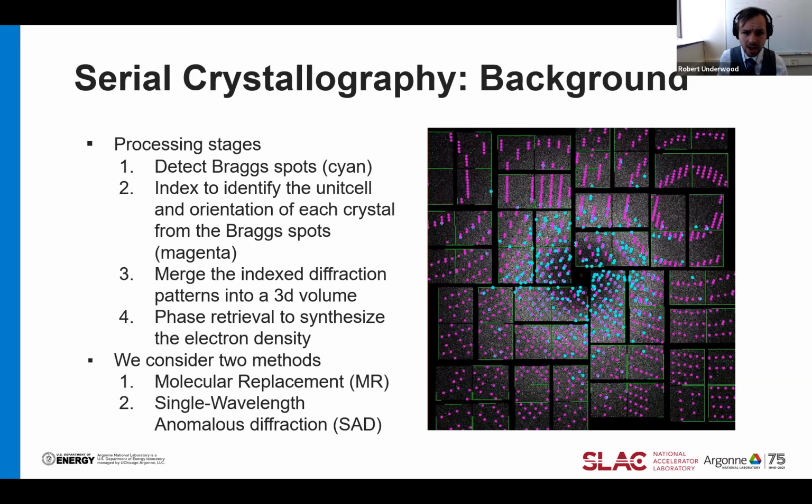To better understand how we do that, it's important to understand a little bit about how crystallography works. So you see the image on the right. This is a visualization produced by a tool called PeakNet, which does some analysis for crystallography for us. And the first step that it does is it identifies what are called Bragg spots. These are the cyan dots that you see in the picture.